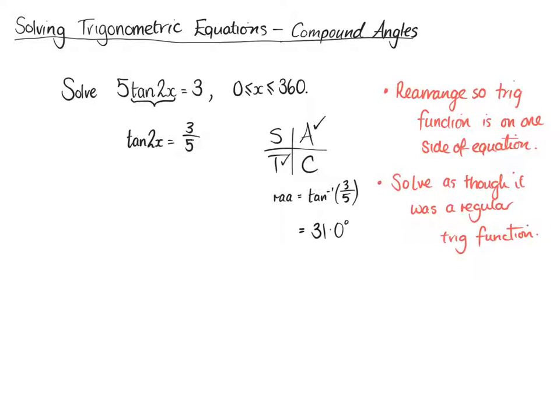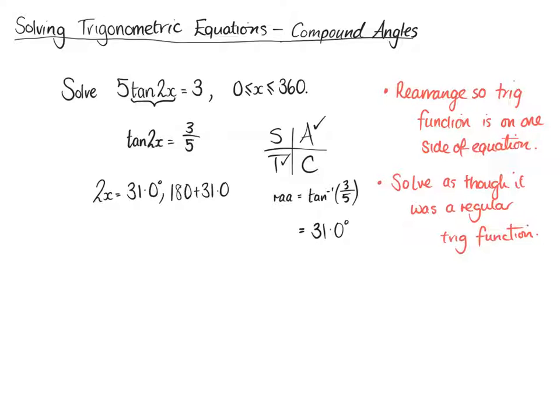So we take this and put it back in over here, so that's going to give us 2x is equal to 31.0 degrees for our first quadrant. Our second quadrant we don't need, our third quadrant is 180 plus 31.0 degrees.